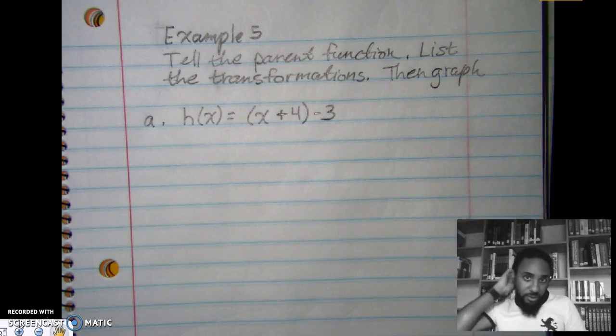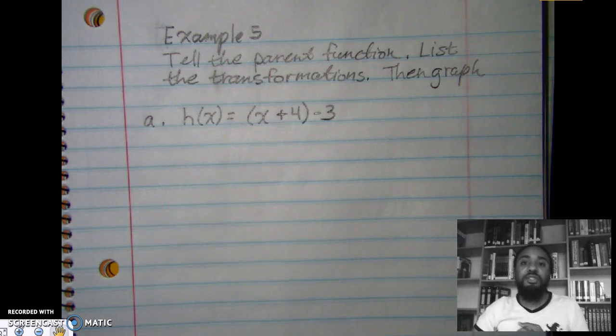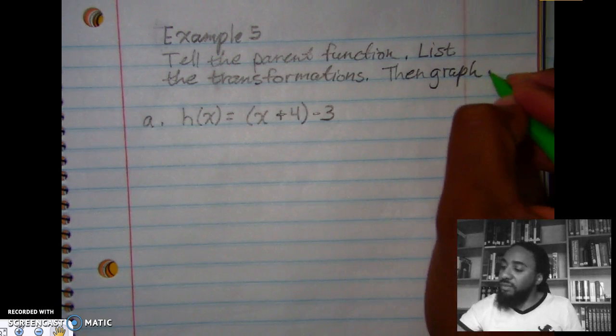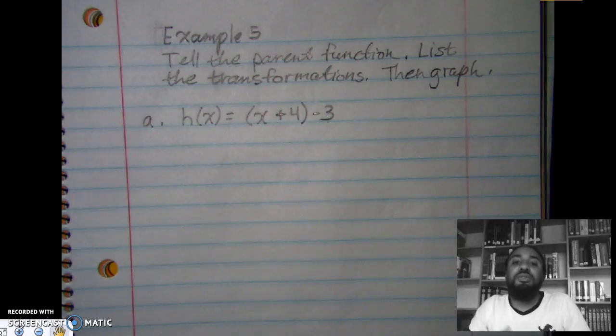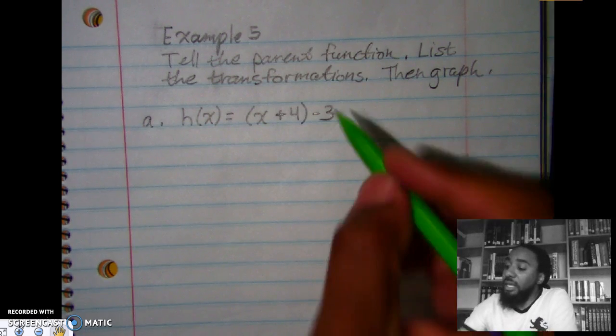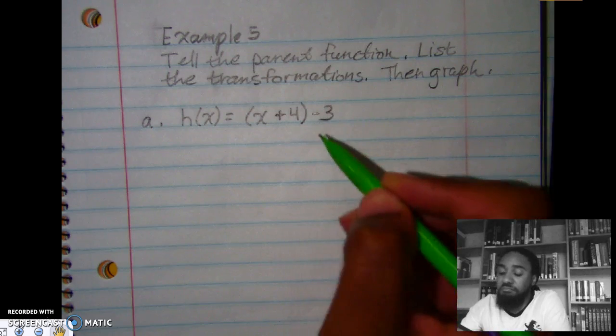Okay. So again, we're telling what the parent function is. We're going to list the transformations, and then we're going to graph. And so here we have the function of f of x equals x plus 4 minus 3. So we have to figure out which one are we dealing with here? What function are we dealing with here? So with that, is there any exponent right here?